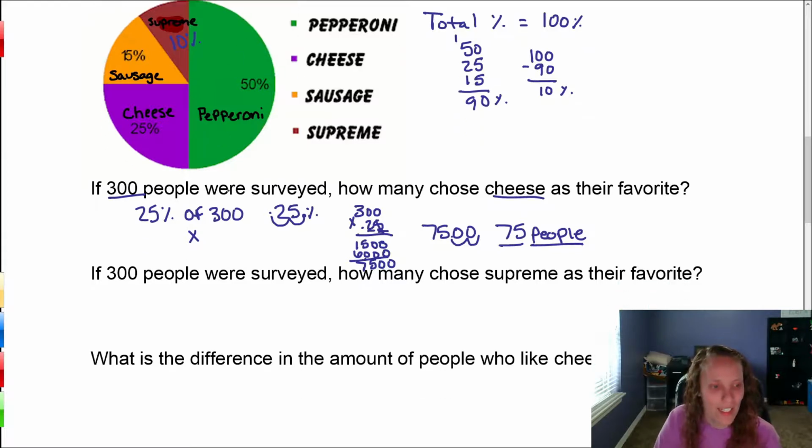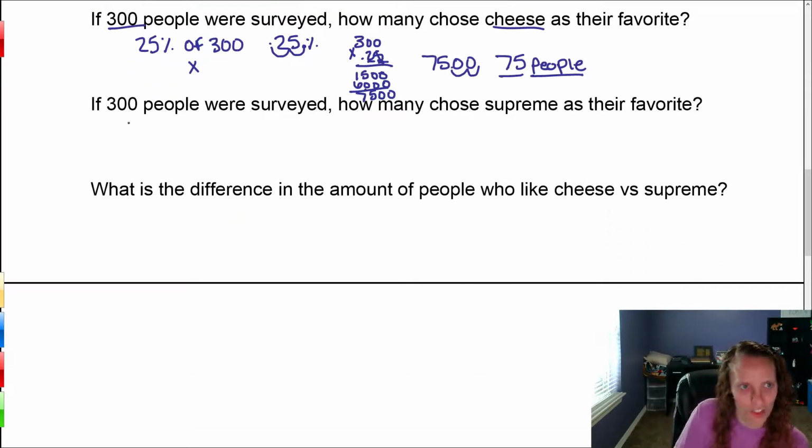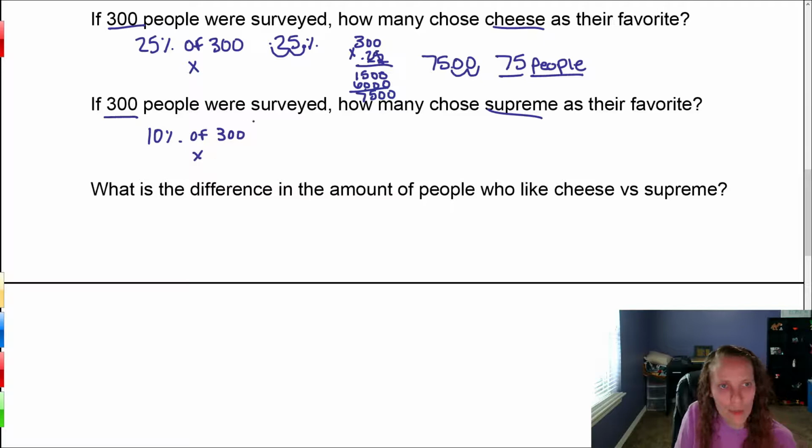So now we can answer what is 10% of the 300, because it's 300 people, and we want to know Supreme, which we just figured out is 10%. Remember that the word of means to multiply, so we're going to first change the 10% to a decimal by moving it over twice. Remember, it starts after the 0, count over 1, 2.